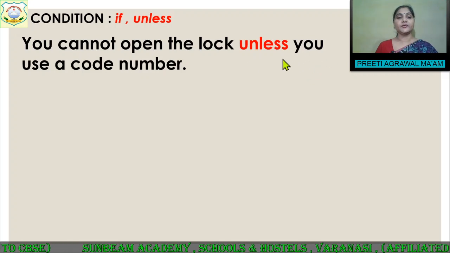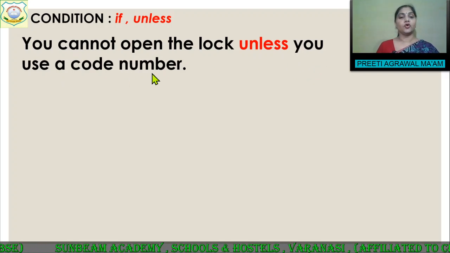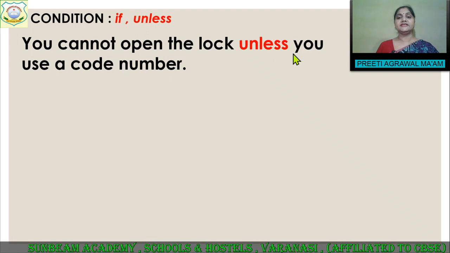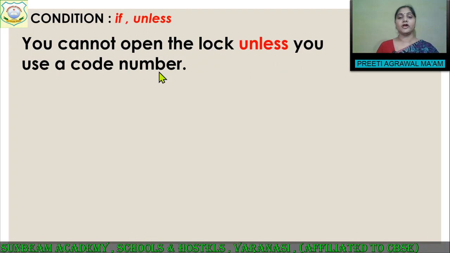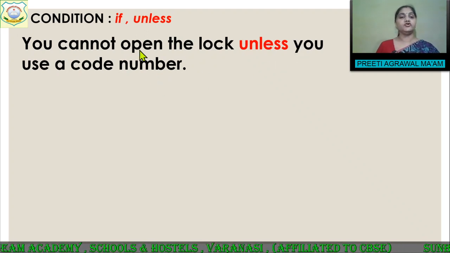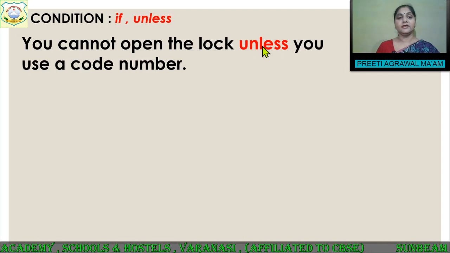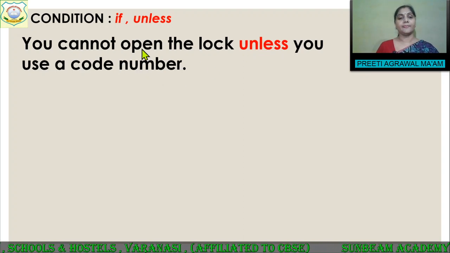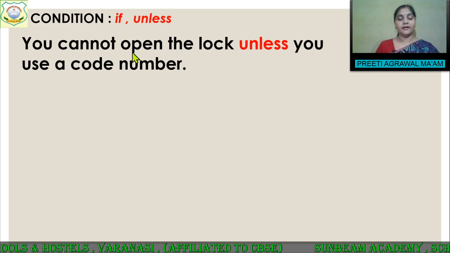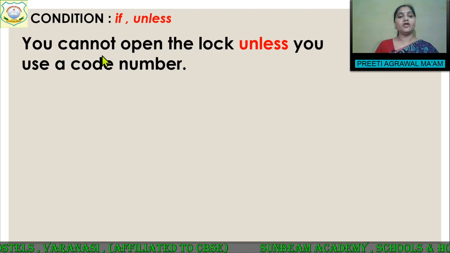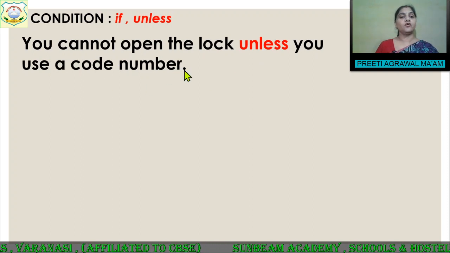Your condition should be that you have to use a code number. Only in this condition, if you are using a code number, can you open the lock. Unless you use a code number, you cannot open the lock. So you cannot open the lock unless you use a code number.